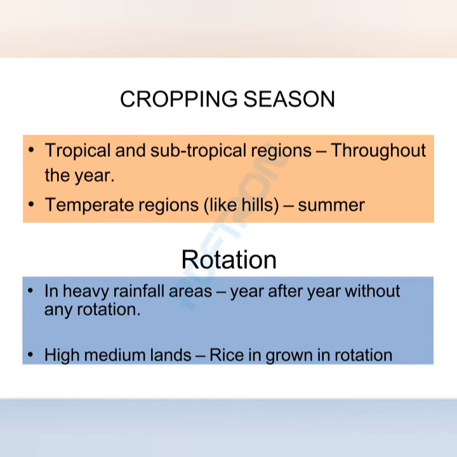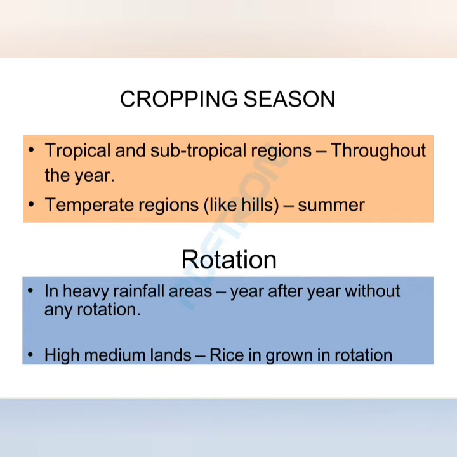And for crop rotation in medium and uplands which have irrigation facilities, rice can be rotated with other crops like wheat, jute, pulses, vegetables, and other types of crops. But in lowlands, rice is usually grown year after year without any rotation, so there is no rotation with other crops.